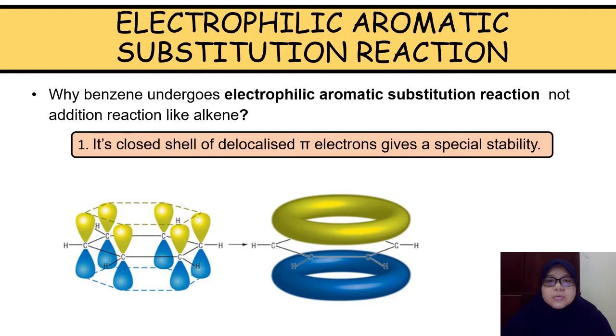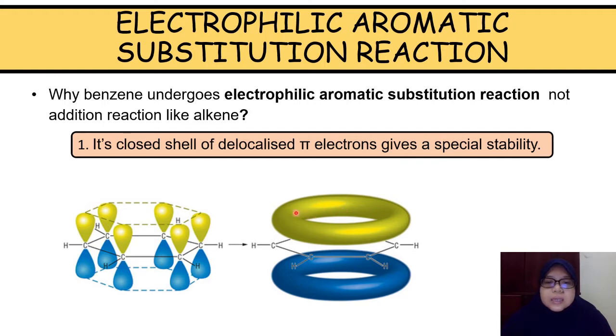So why substitution? Why does benzene undergo substitution reaction, not addition reaction like alkene? The first reason is that the closed shell of delocalized pi electrons gives special stability to the aromatic ring.